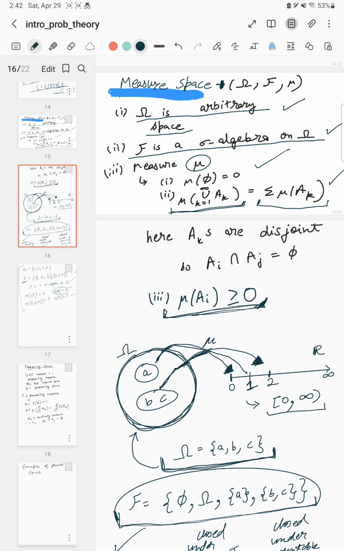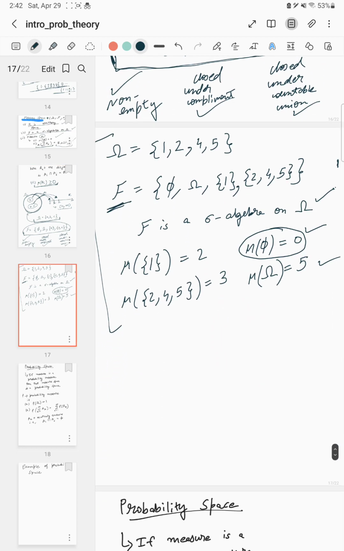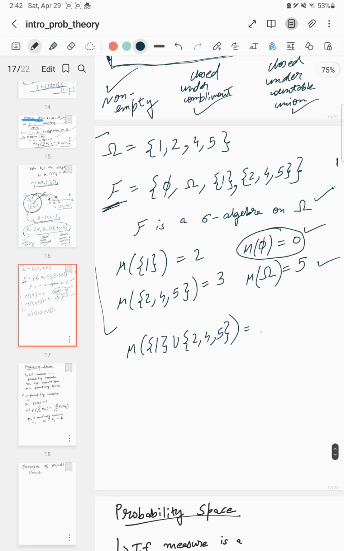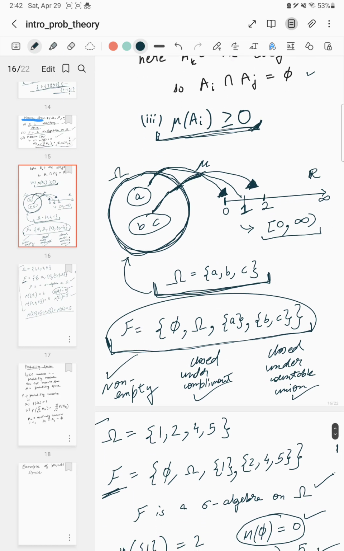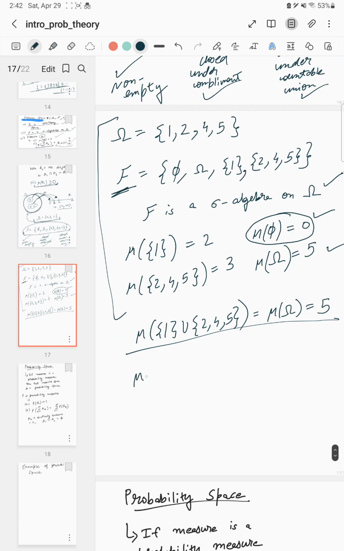Okay, so we have disjoint sets such as this. So mu of {1} union {2, 4, 5}, which would be mu of omega, and this is 5. So the second property is also satisfied, and the third property, that mu of any of the sets present in F, let's say A_i is a set present in F, mu of any A_i is greater than or equal to 0.